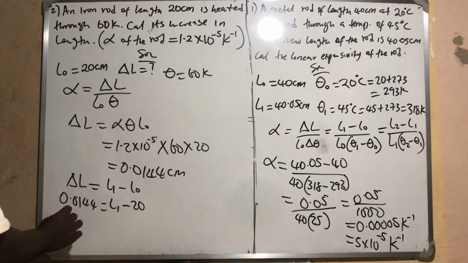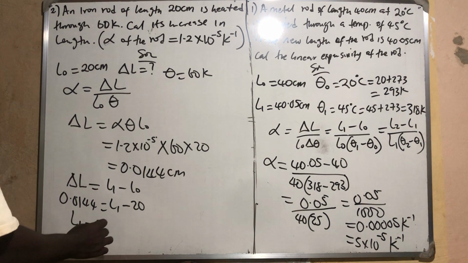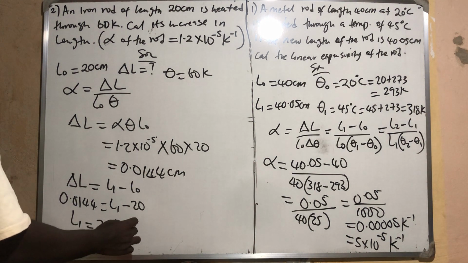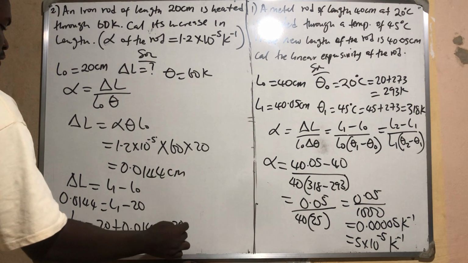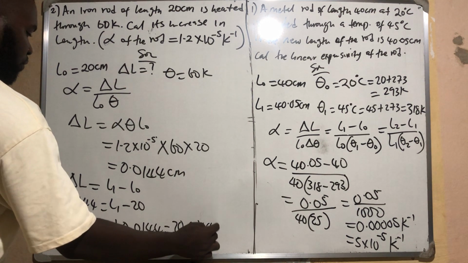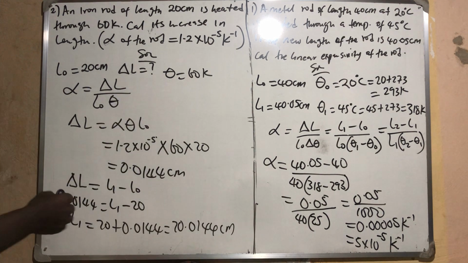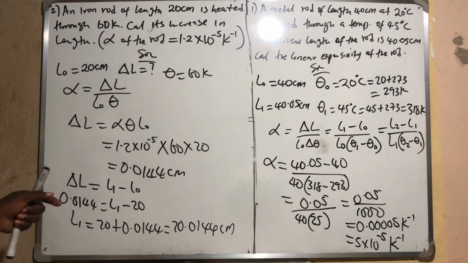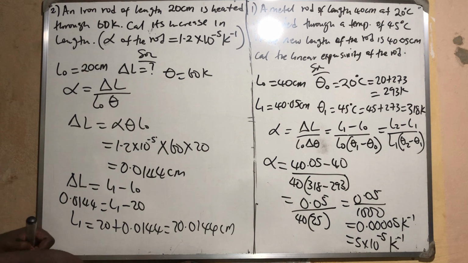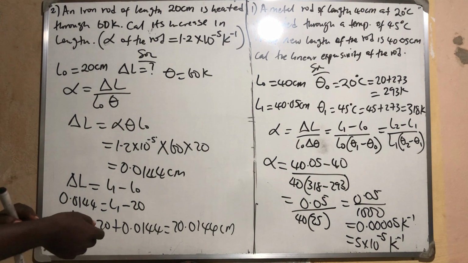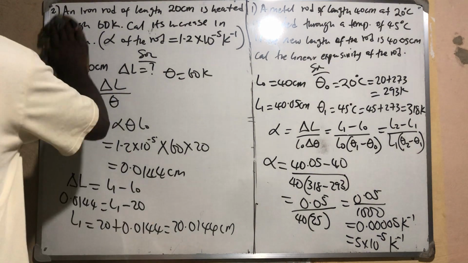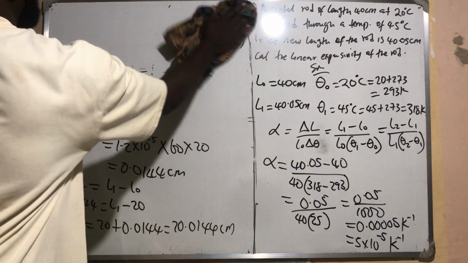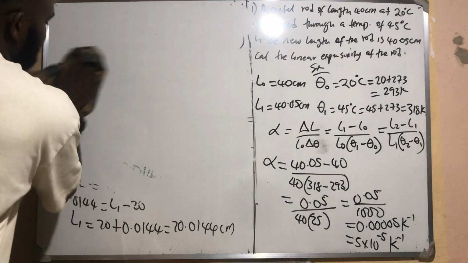So collect like terms to have that your L1 will now be 20 plus 0.0144, which will give you 20.0144 cm. So this is the new length, but that is not what they are asking us. The only thing they are asking us is that we should calculate the increase in length. So know the difference, please.